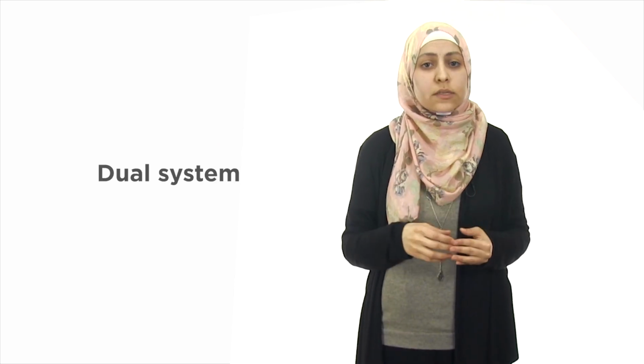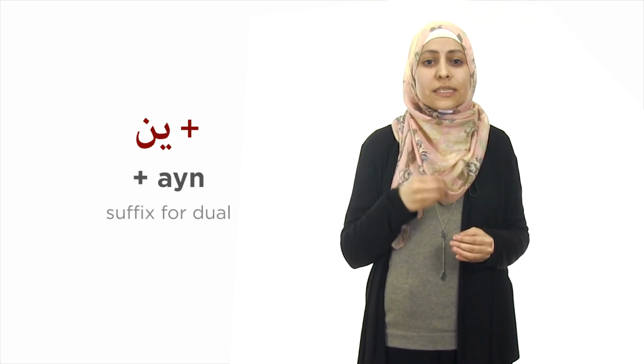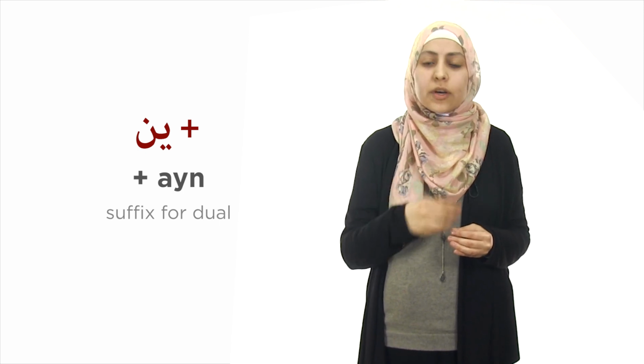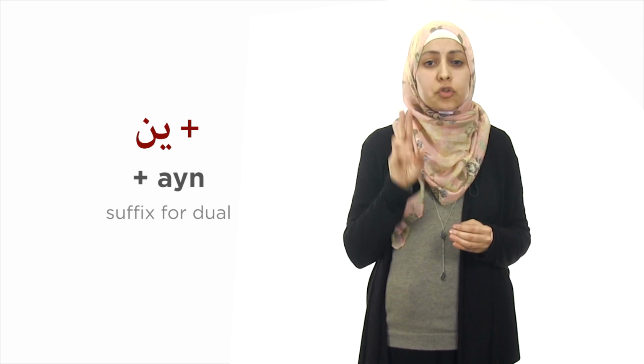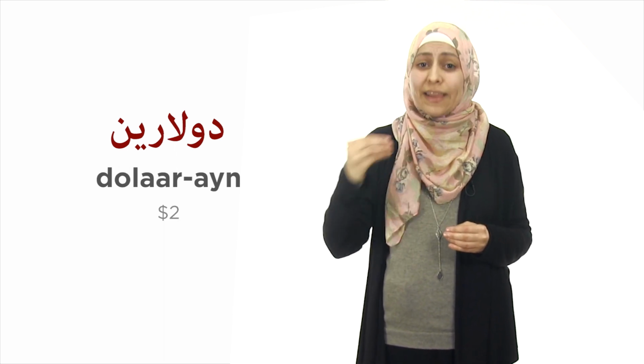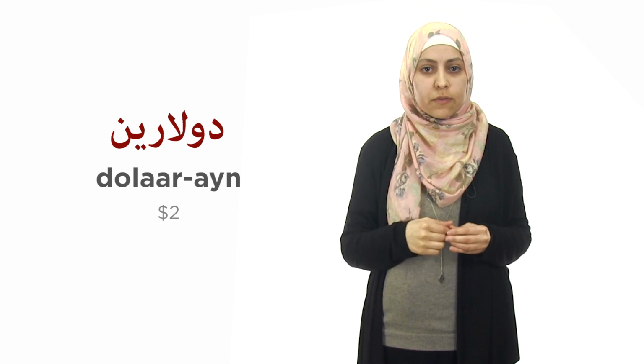We have the dual system in Arabic. So by adding the suffix ain after any singular word, you will have 2 of that word. So let's say, for example, you have 2 JDs. That would be dinarain, $2, دولارين, okay? So on and so forth.